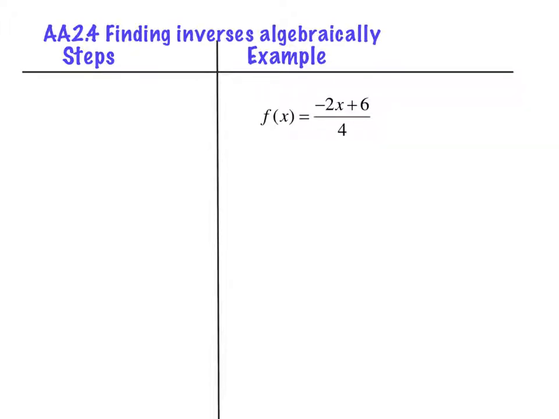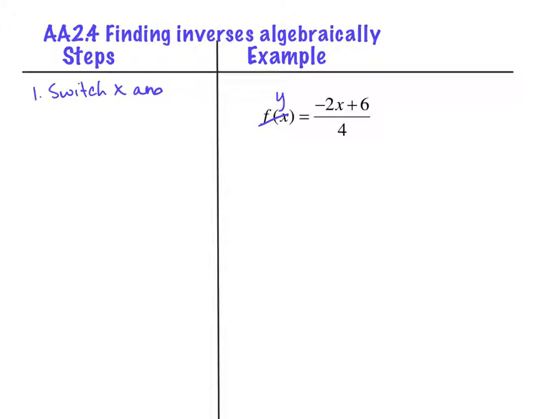Okay, so these are some lengthy notes. Finding inverses algebraically, the first thing we need to remember: f of x is the same thing as y. So anytime you're dealing with that, if it's got an f of x, same thing as y. Don't let it confuse you. Step 1 is going to be to switch x and y.